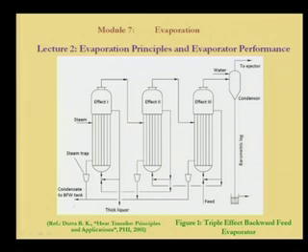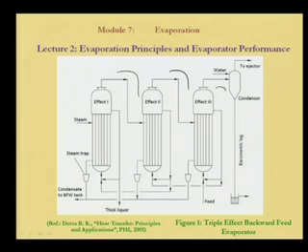In this case, the feed starts from here, goes through the recirculation, and then goes to the previous one, and then to this. But the vapor is moving in the forward direction, while the feed is moving in the backward direction. That is why the mode of feed supply is what is being classified.